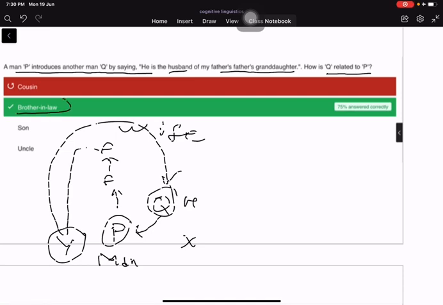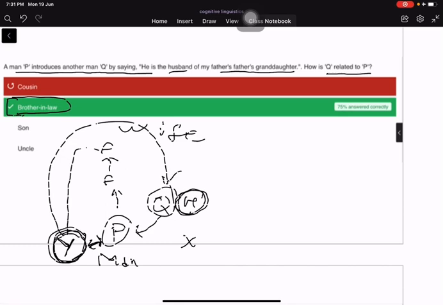Well, the answer is brother-in-law, as in Sala, right? So they are both siblings, Y and P, and Q is the husband of this granddaughter.